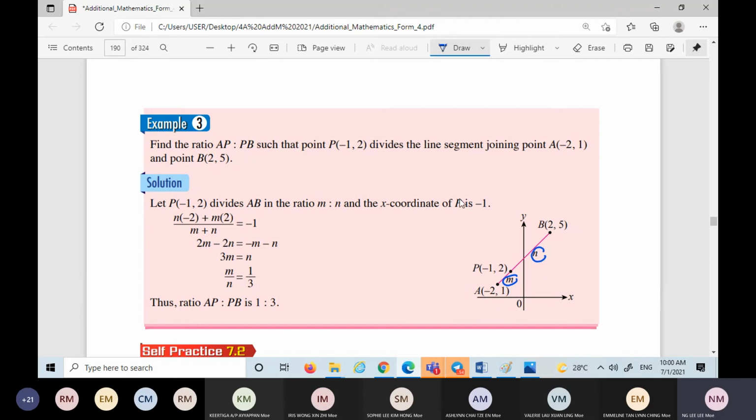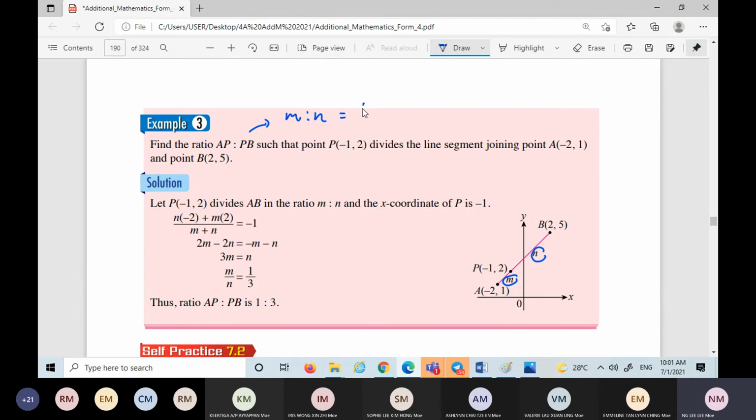Then you can use the coordinates. They just want the ratio AP and then PB. So AP is M, PB is N, which means they're asking for M is to N.